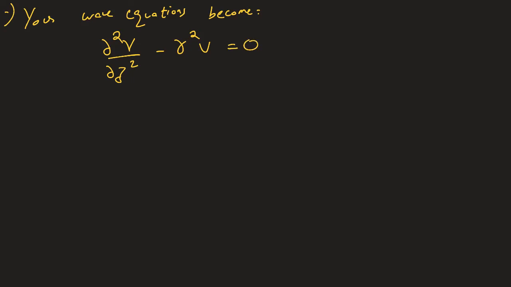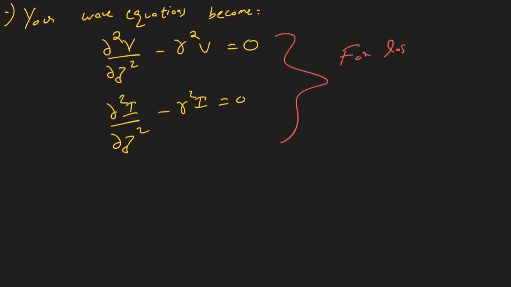And in complete symmetry, because the math was very symmetric, your wave equation for I becomes del 2I by del z square minus gamma squared I equal to 0. And these are your wave equations for lossy transmission lines.